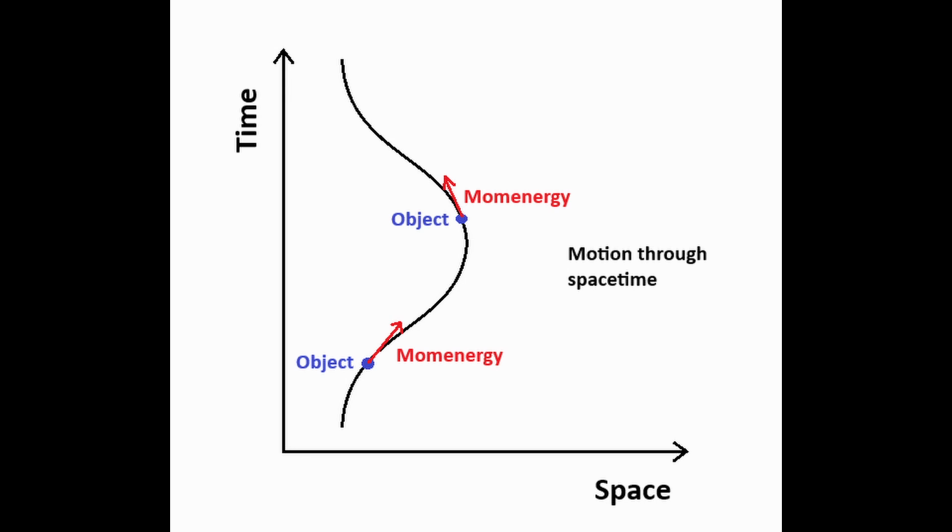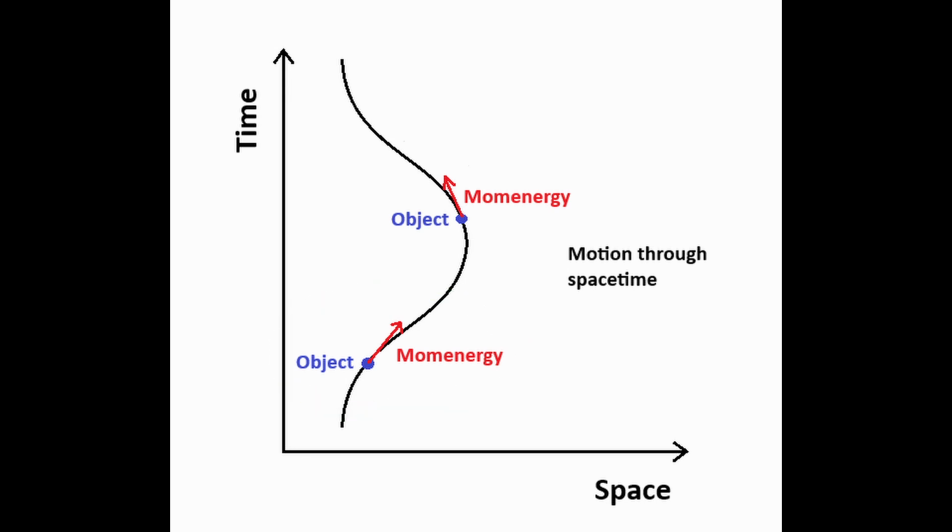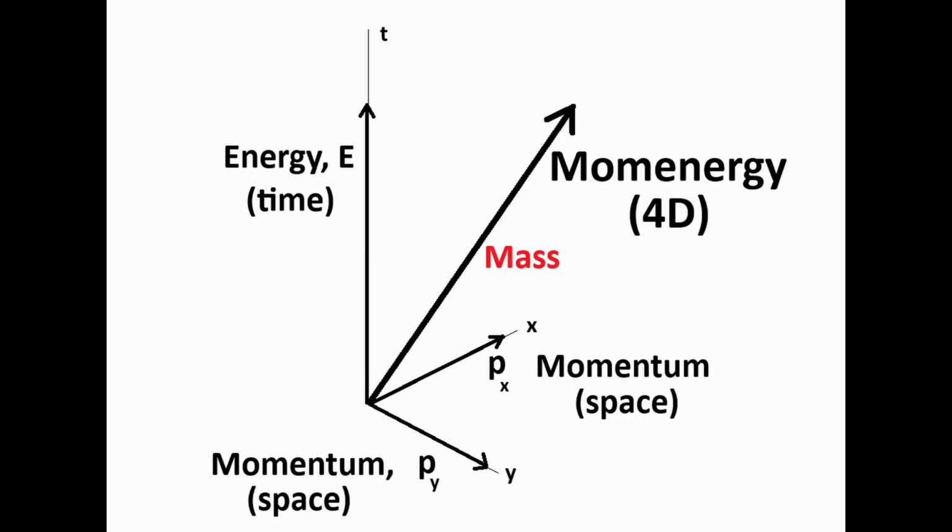Momenergy is the representation of a mass that is moving in a direction through 4-dimensional spacetime. It has 3 components directed through space and 1 component directed through time. The spatial components capture the momentum of the moving object. The time component appears as the energy of the body.